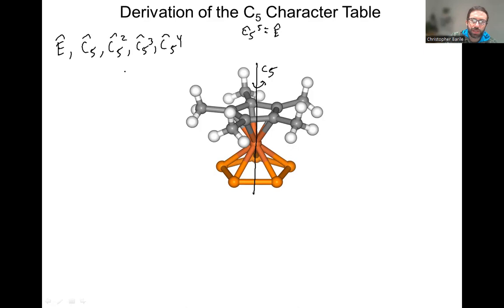And the reason is because although they appear to be doing similar things, there's no other operation that can interconvert the axis systems that would make these equivalent. So that's the definition. Unlike the DN point groups or other point groups where you would pair C5 and C5 to the fourth, and C5 squared and C5 cubed, for the CNs they're always going to be in separate classes. So it's probably best to just know that.